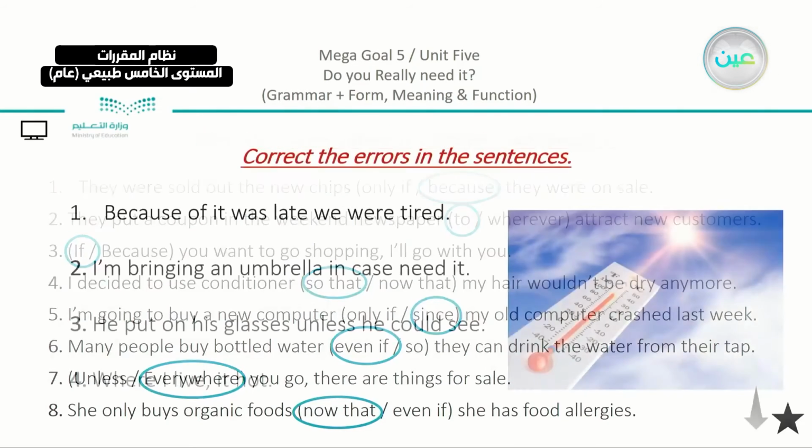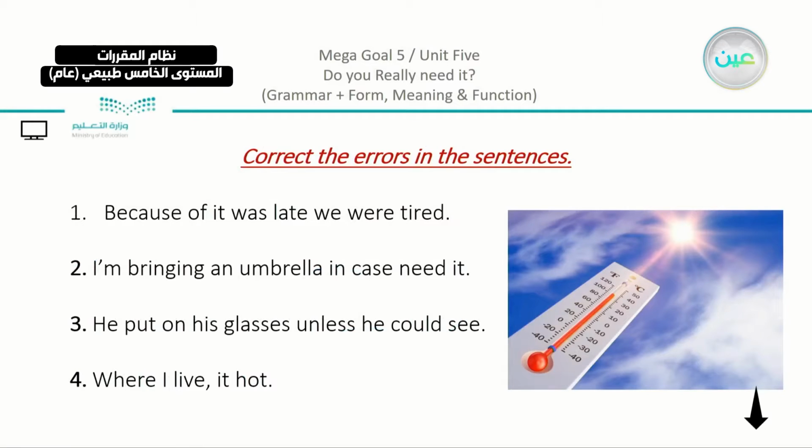Yes. Now, the third exercise that we have here in the grammar part is correcting the mistakes. You are going to concentrate, read the sentence, and decide where the mistake is. We have the first one. Number 1, "Because of it was late, we were tired." Do you think it's correct to say that?